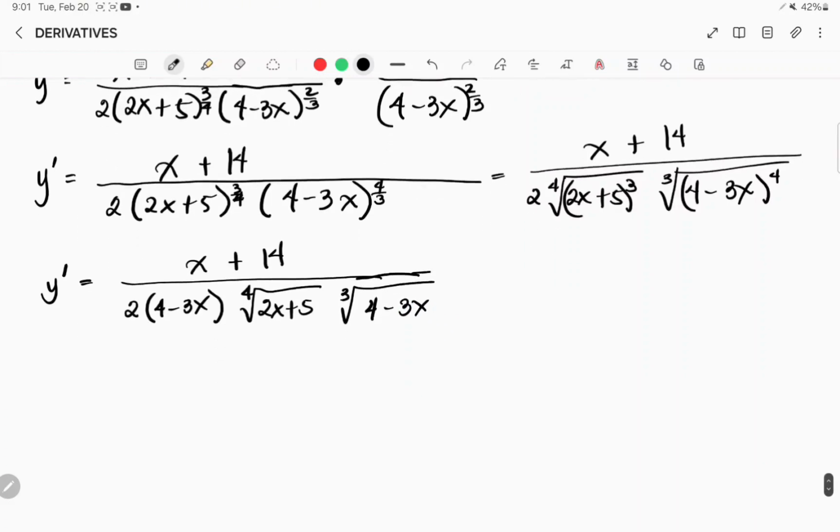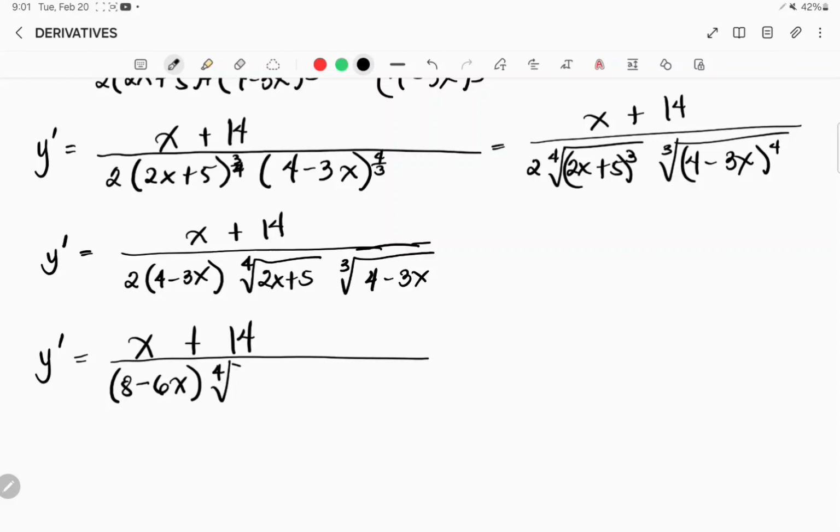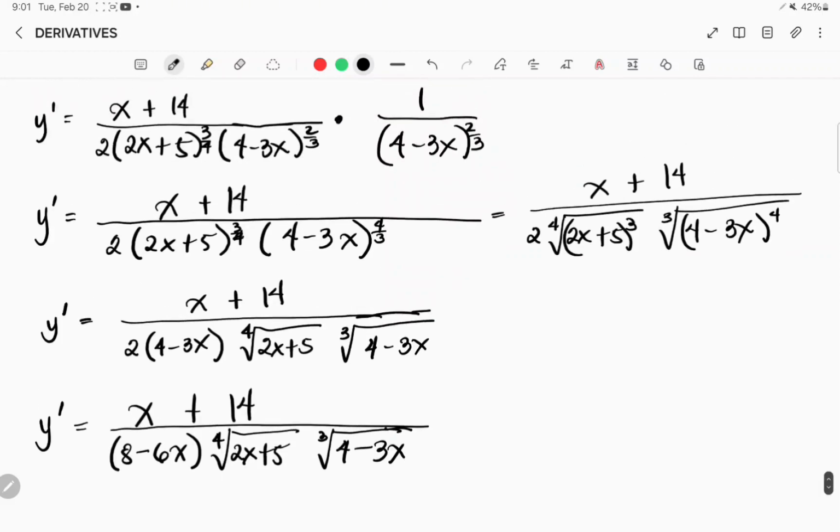So as we simplify the denominator here, our final answer is going to be x plus 14 over the quantity of 8 minus 6x, fourth root of 2x plus 5, and cube root of 4 minus 3x. So that's the derivative.